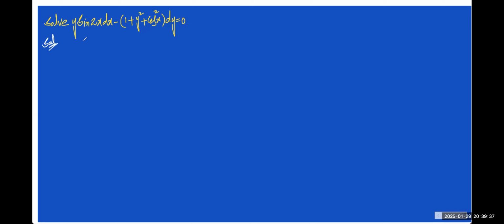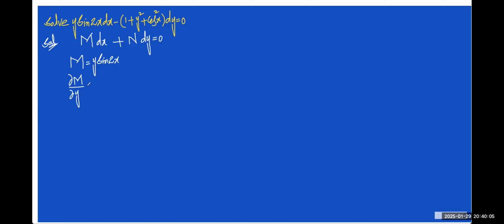Our question is of the form M dx plus N dy equals 0. It means that the value of M is equal to y sin 2x. We have to differentiate it partially with respect to y.